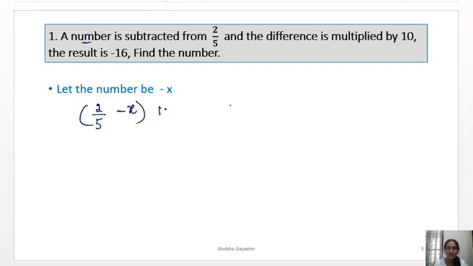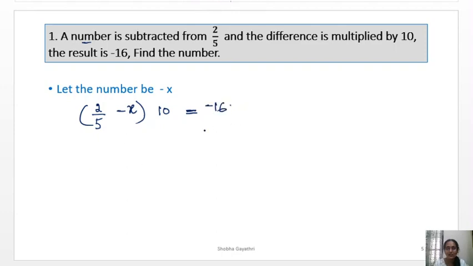Next, it is multiplied by 10. I will not write the multiplication symbol. It is near the bracket. If you don't write anything, it is understood that it is multiplication. In algebra, we will not write the multiplication symbol because it confuses with the x. So the result is minus 16.